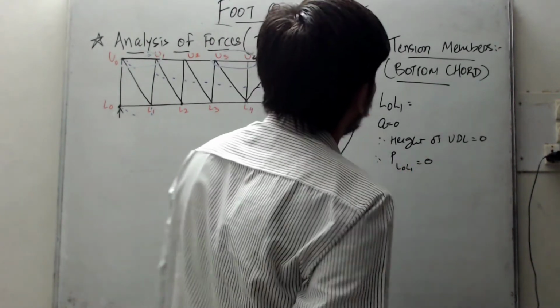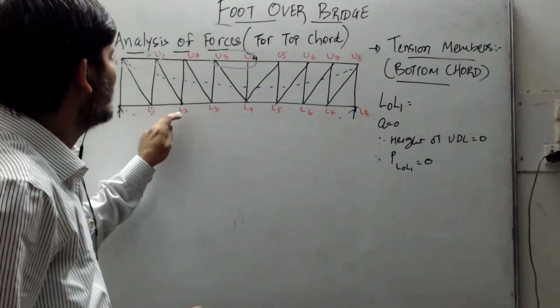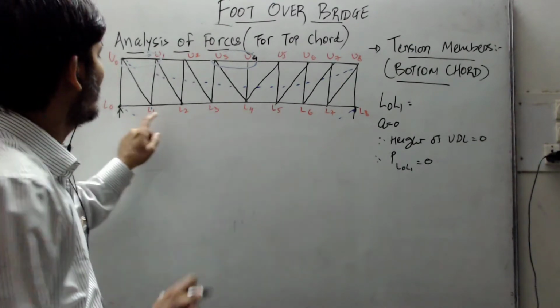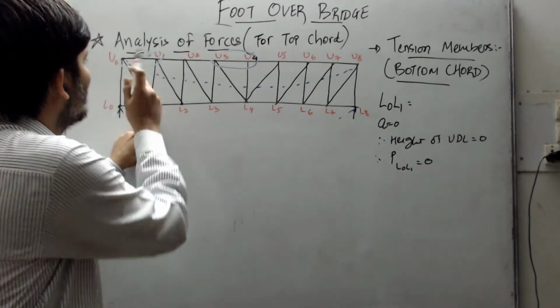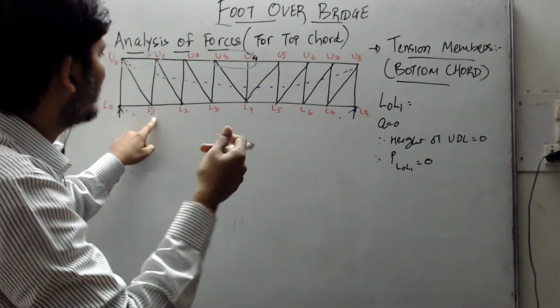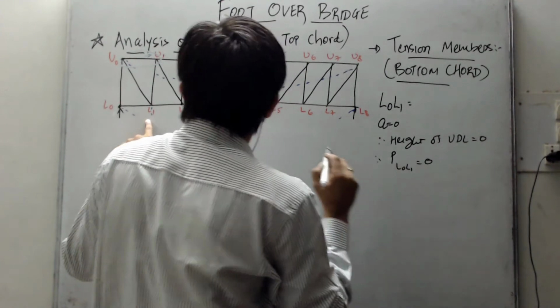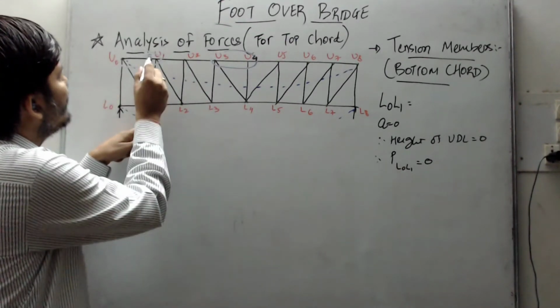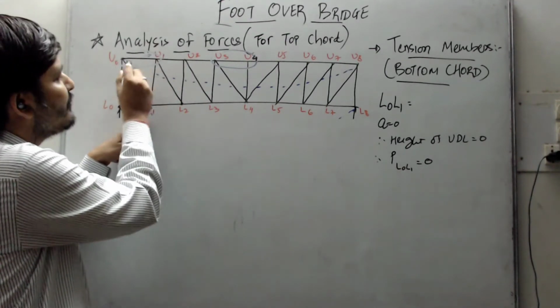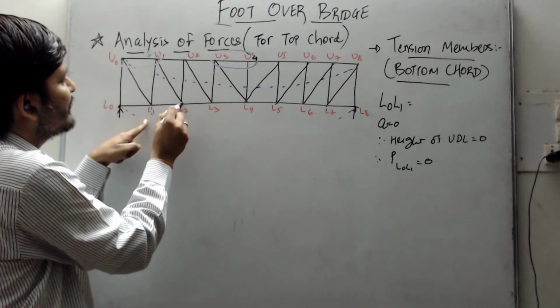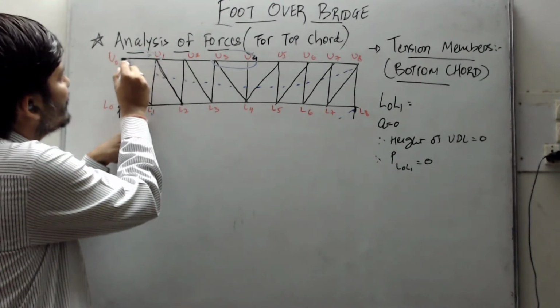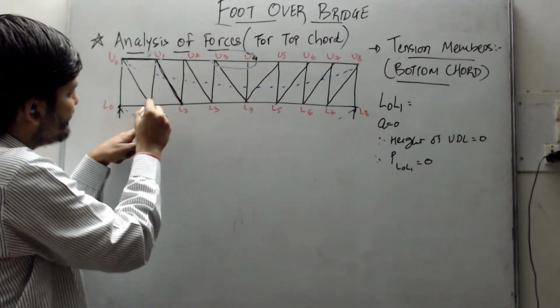Now for the other members L1, L2, L2, L3, L3, L4, let us first calculate for L1, L2. The force in L1, L2 will be equal to the force in U0, U1. You need to see the opposite joint where it is connecting, because the force will travel through this diagonal member and this one here, right?